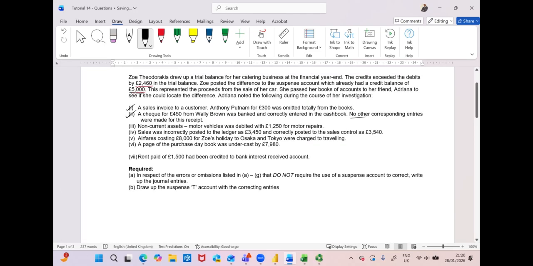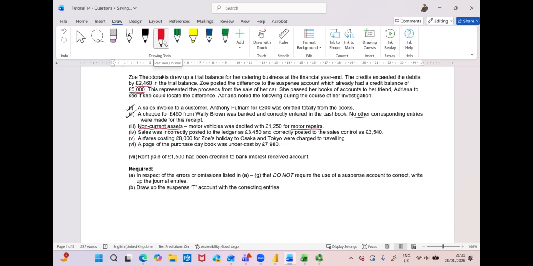error. It says the non-current asset motor vehicle was debited with £1,250 for motor repairs. Now, this type of error is called error of principle. Why? Because motor repair expense is an expense account and non-current asset is an asset account.